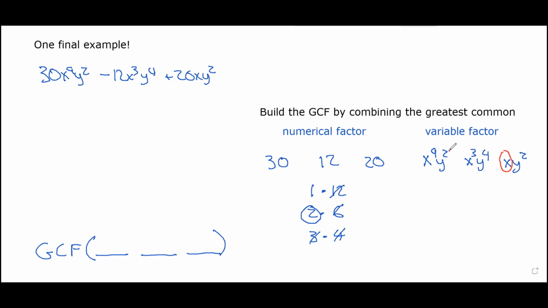It's the y squared. I'll choose this one. Putting the two together, our greatest common variable factor is x y squared. Altogether then, our GCF is 2xy squared. And we can fill that in below.